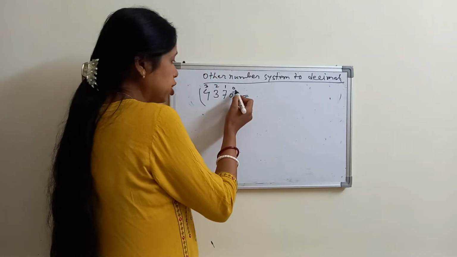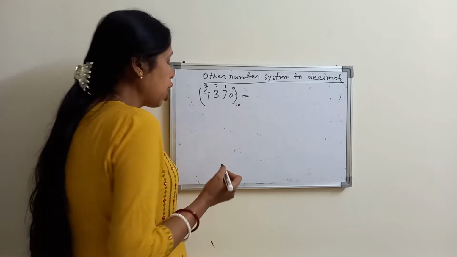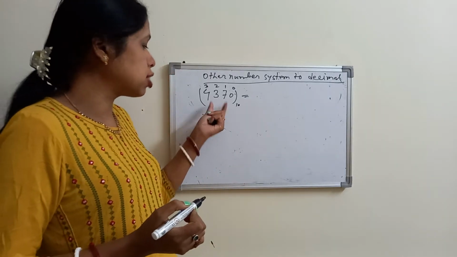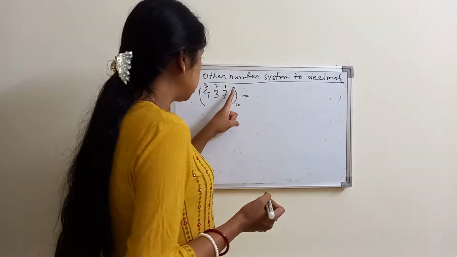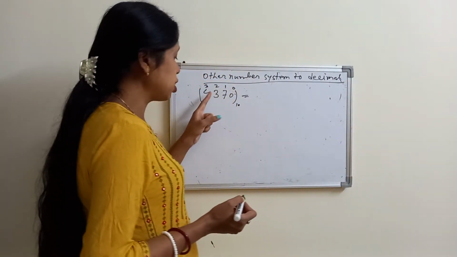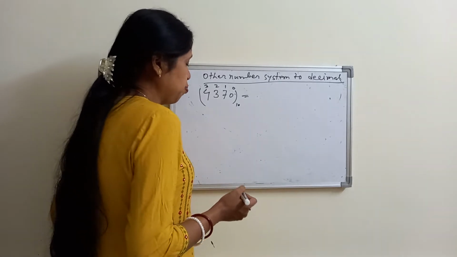So this number is equivalent to the following. In the case of a decimal number, the base is 10. How can we represent this decimal number in another way? So this is the zeroth place, first place, second place, and third place. The base is 10, right?